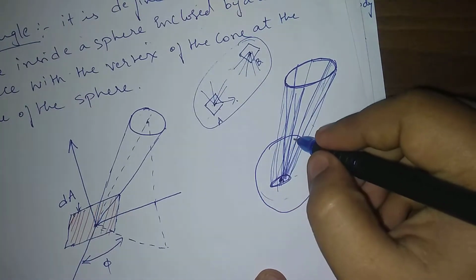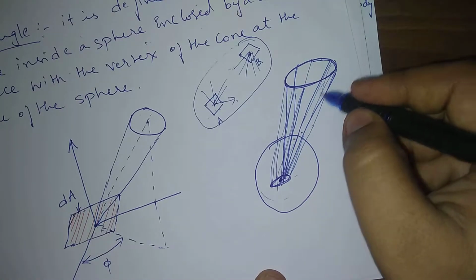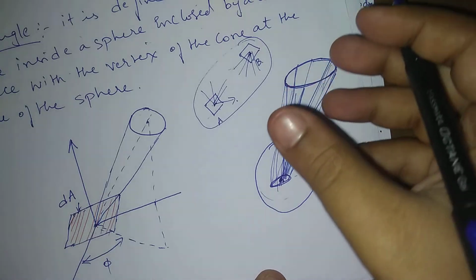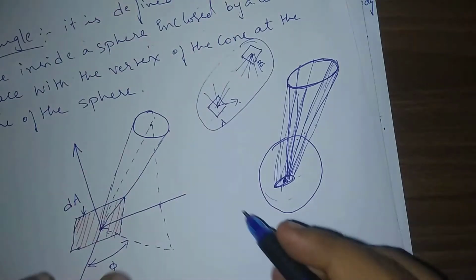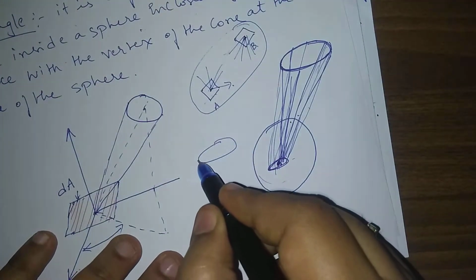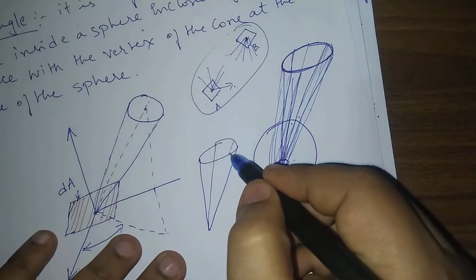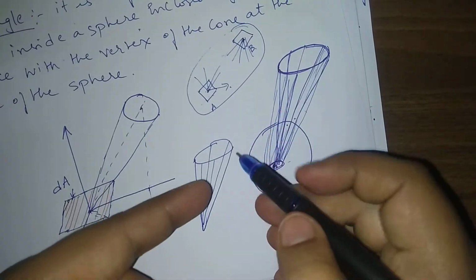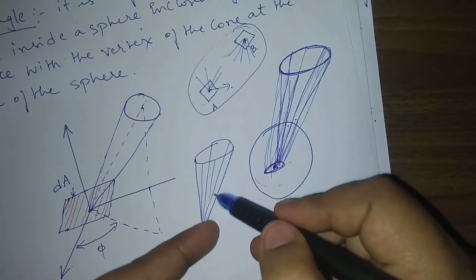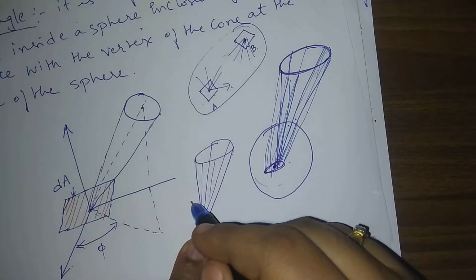Are you able to understand? Take a unit radius and draw a sphere. Since this cone is not two-dimensional, it's a three-dimensional cone. The cone will be something like this. I think you will be able to understand. This is a three-dimensional cone, and from this center take the unit radius and draw a sphere.